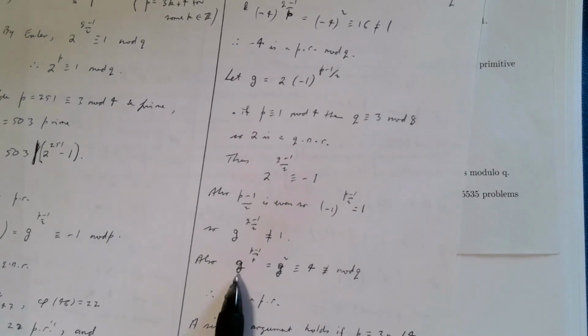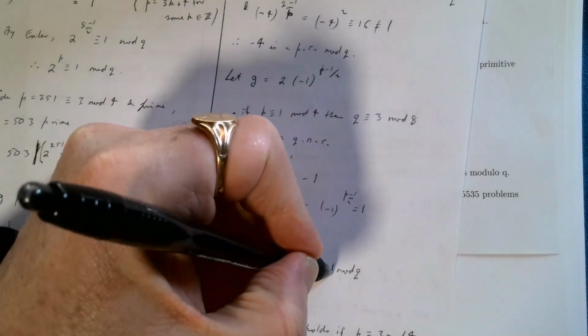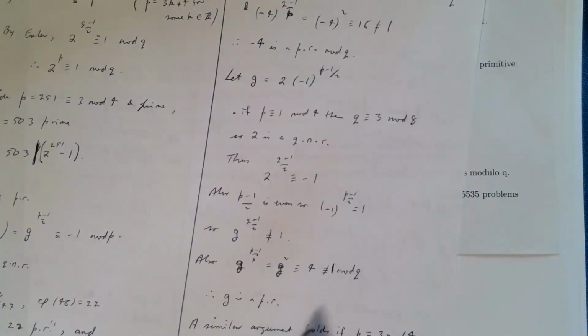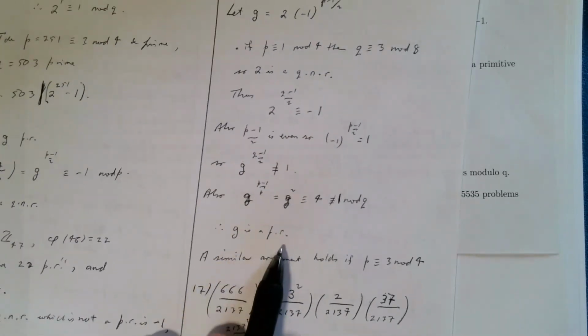Also, if I take g to the (q minus 1) over p, we have to check both cases, I get g squared, which is congruent to 4, which is not congruent to 1 mod q. So therefore g can't have order (q minus 1) over 2 either, and that tells me finally that g is a primitive root.